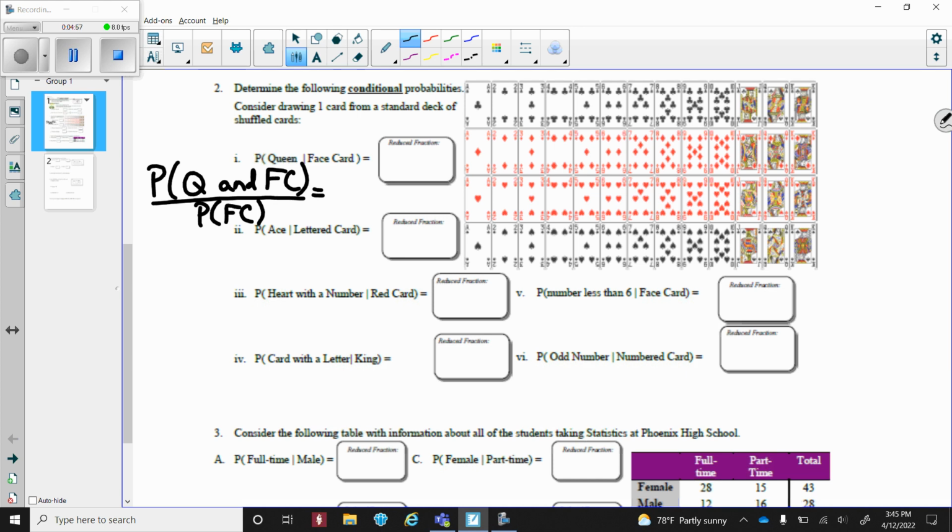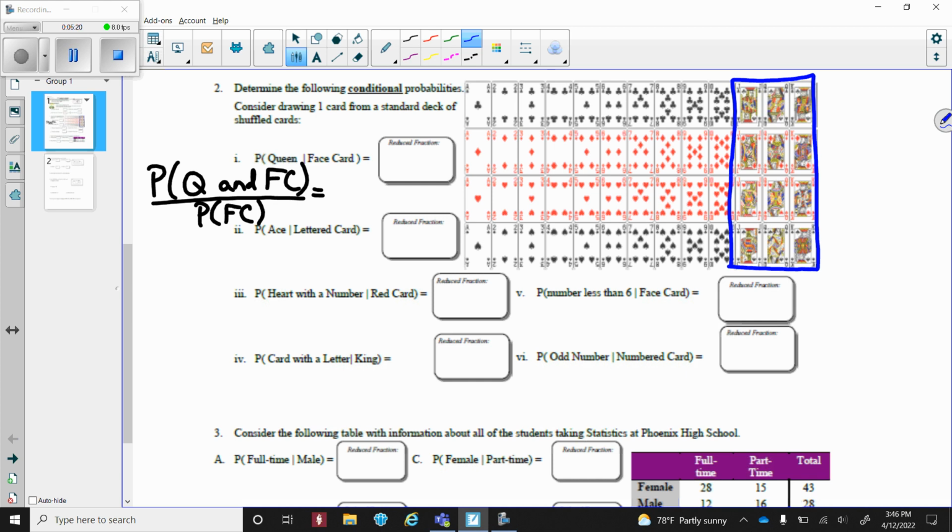So when I'm doing this, I first need to decipher what is a face card. A face card is going to be anything that shows the picture of someone's face, which are the 12 cards that we see on the right-hand side here. There are a total of 52 cards in this deck.